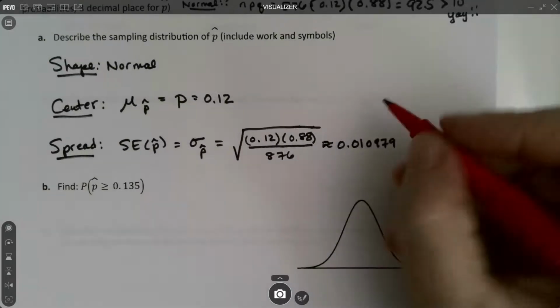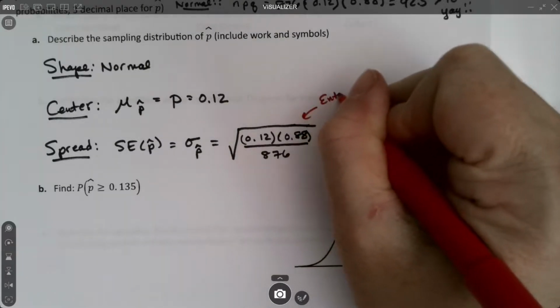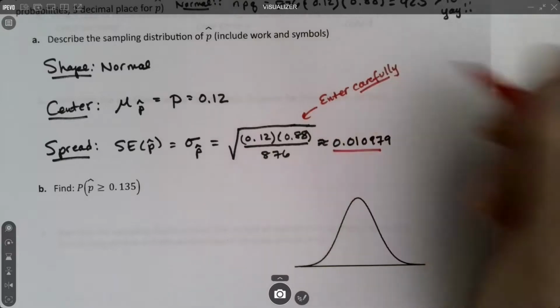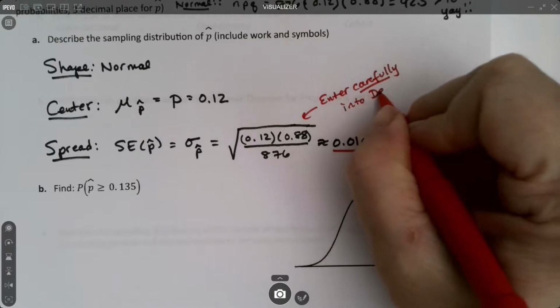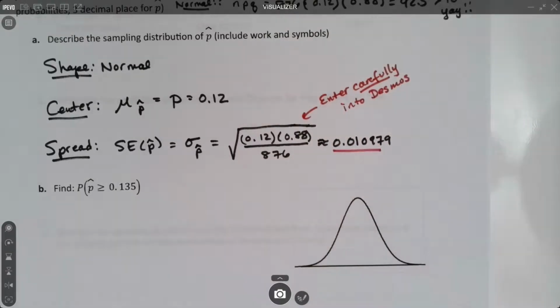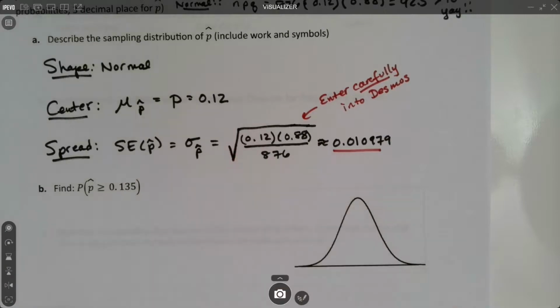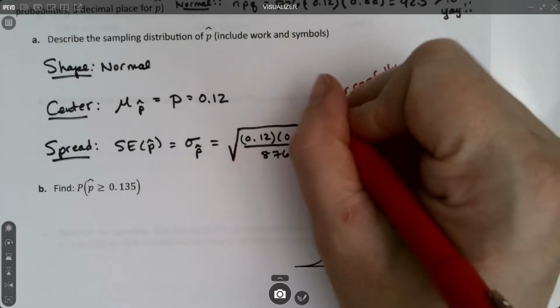Note number 1. Enter carefully into your calculator, which I'm assuming is Desmos. Although the TI-84, you'd be careful as well. That square root has to go all the way down here, right? It has to be for the whole thing. So that's a note.